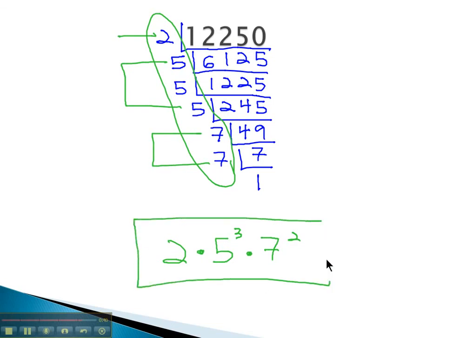The prime factorization we have, 2 times 5 cubed times 7 squared, is a product of prime numbers that equals the 12,250. We find this prime factorization by continuing to divide out prime factors. It's important that they're prime numbers until we end up with a 1 at the bottom of our division.